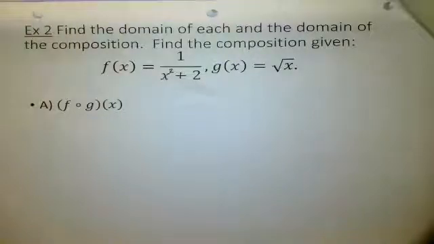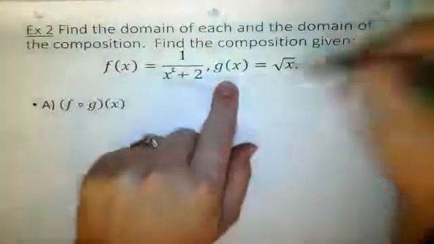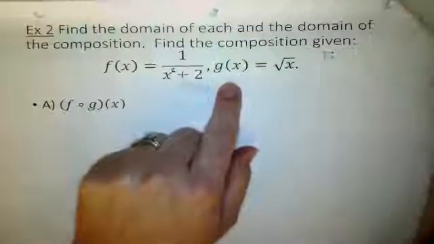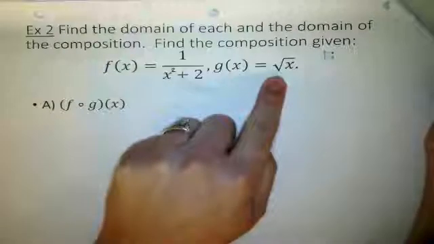And then g of x equals the square root of x. So the first thing I want to do is find the domain of each. I'm going to start here with this g of x function, finding the domain of the g function. Tell me about this g function and domain.